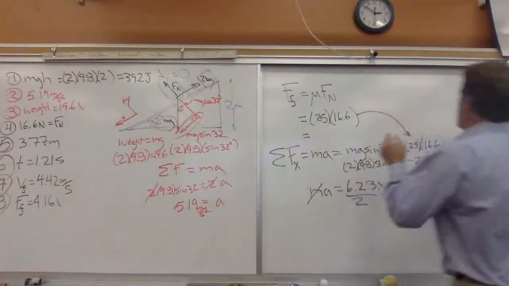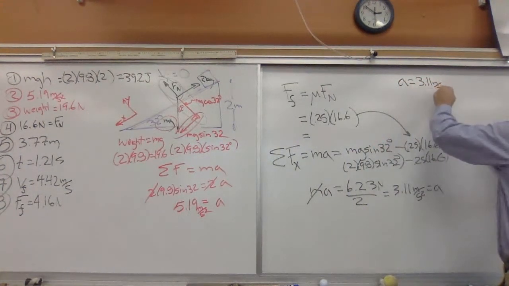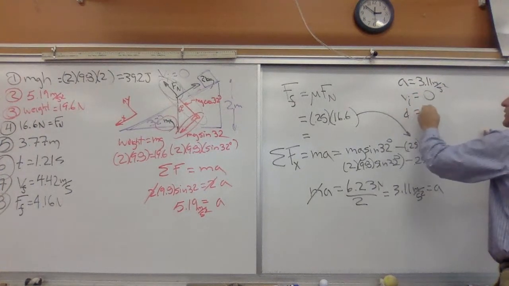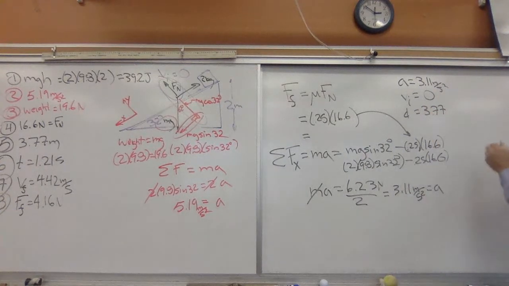Okay, so again, we're going to have an acceleration that's 3.11. Our initial velocity is 0, and our distance is still 3.77. And we're looking for time, so we can say that distance is equal to v_i t plus 1/2 a t squared.